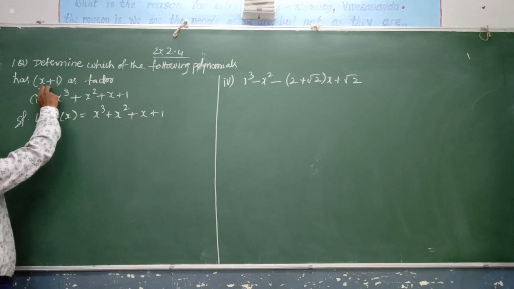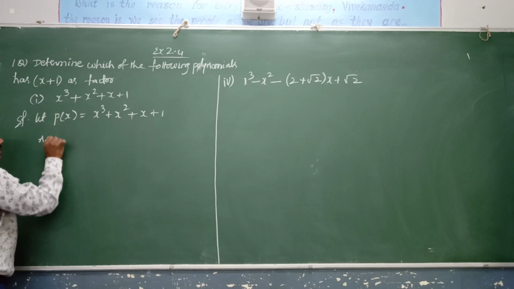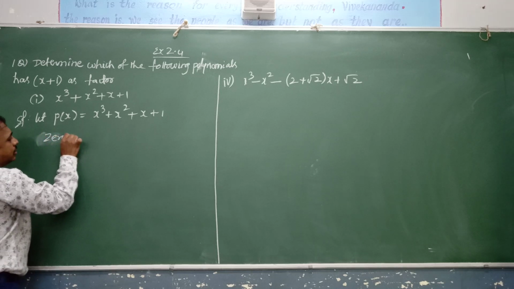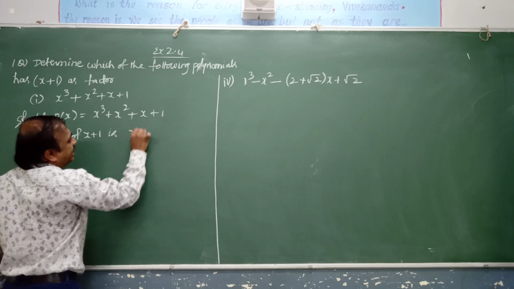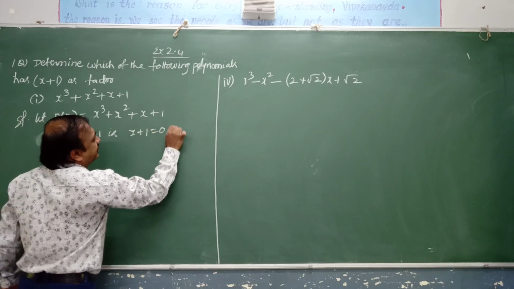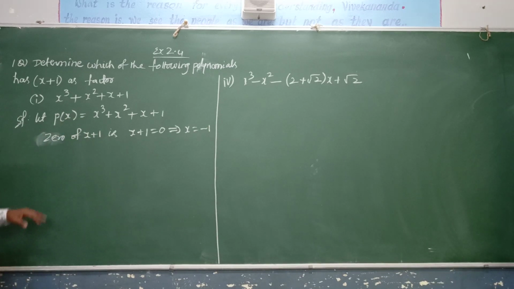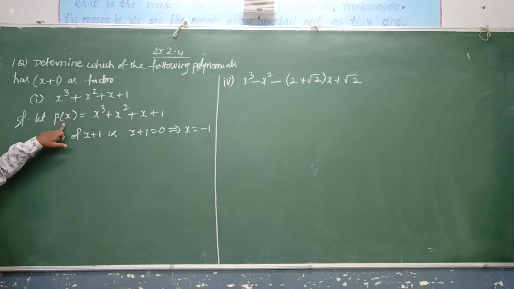Now, we are dividing with this x plus 1. The zero of x plus 1: x plus 1 is equal to 0, which implies x is equal to minus 1. What is the meaning? Minus 1 we are going to substitute in place of x.